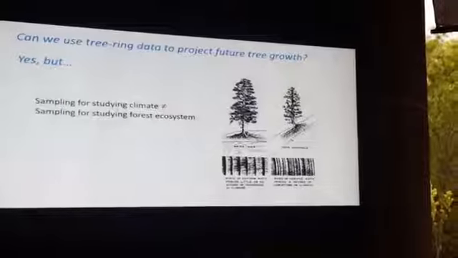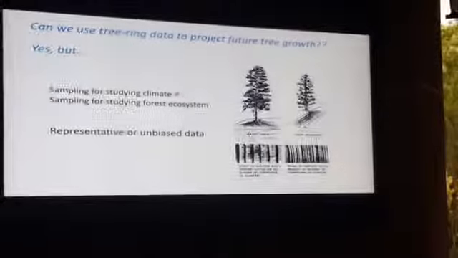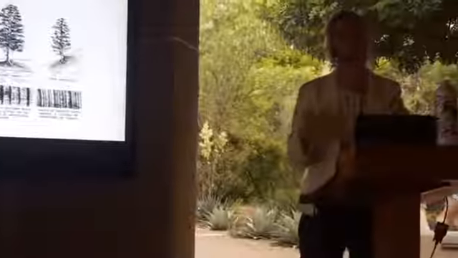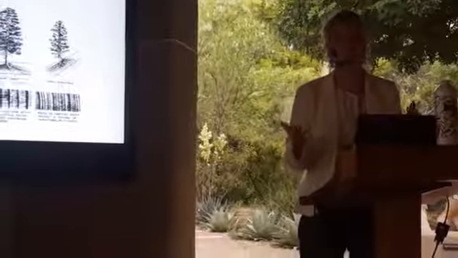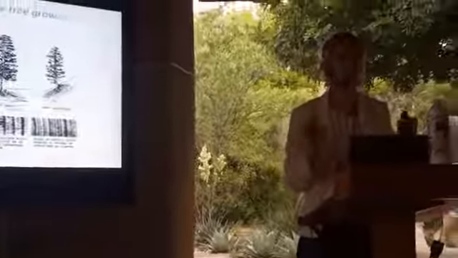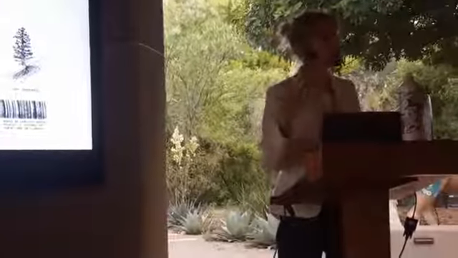The kind of sampling that you want to do if you want to study a forest ecosystem is not the same kind of sampling. If you're interested in predicting how the forest ecosystem is going to behave in the future, you want a representative sample. And this is the very same principle as a representative democracy, right? In a representative democracy, we want the people in Congress to look like us and be able to represent our experiences.